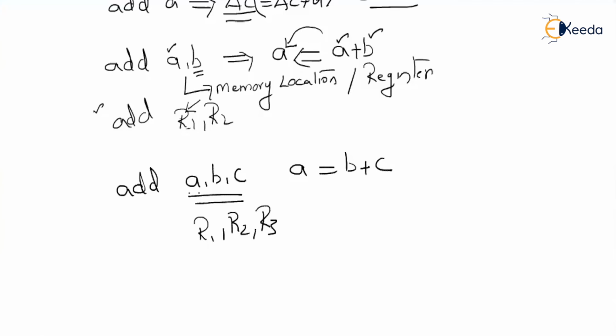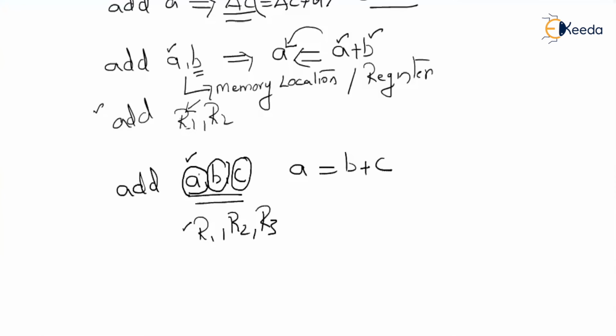So in these positions in the instruction, first operand, second operand and third operand, either there can be a processor's register present or there can be a memory location also present.